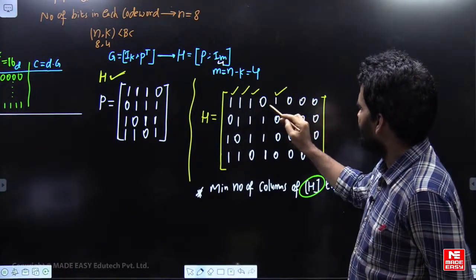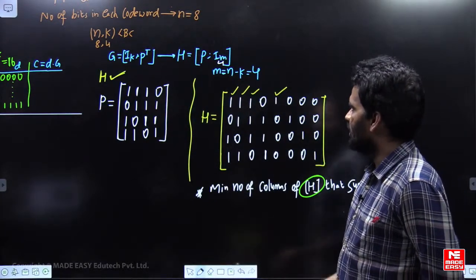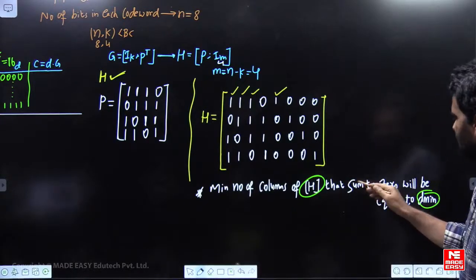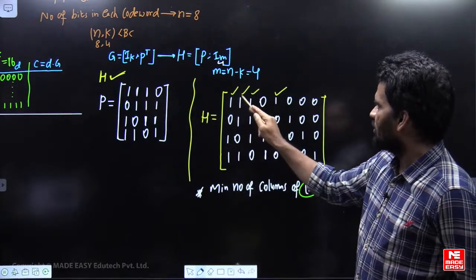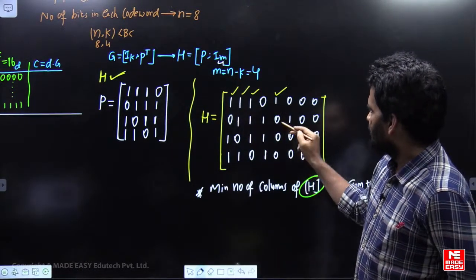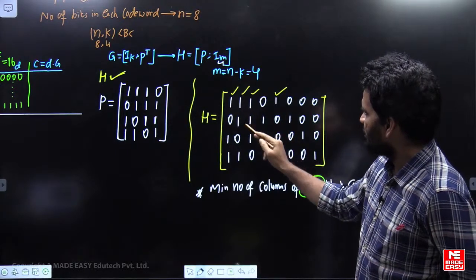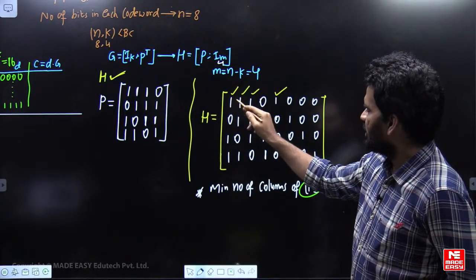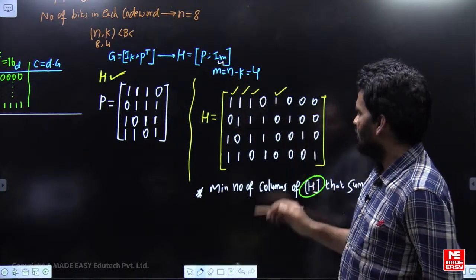But if you add this one, 1 plus 1, an even number of ones, gives 0. It is XOR addition; sum means XOR sum only, not normal sum. So the sum of these four columns is becoming 0: 0 0 0, and 1 plus 1 plus 1 plus 1 is 0. So the sum of 4 columns is becoming 0.